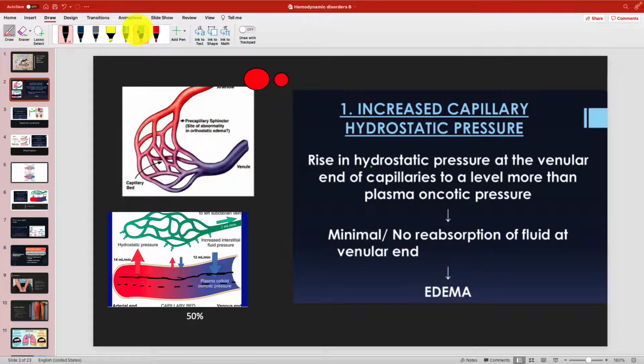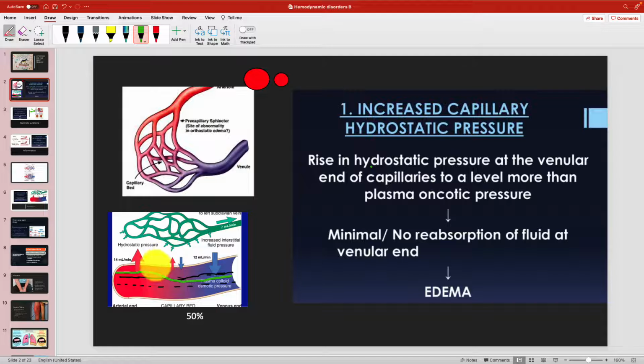If we have hydrostatic pressure, and hydrostatic pressure is here, and we know it's supposed to drop, and it begins to drop, but it's still higher than that oncotic pressure, right? Because here's the new oncotic pressure because we lost that albumin.